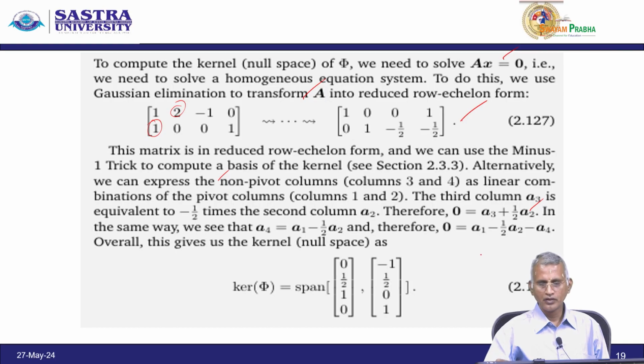Therefore, 0 equal to A1 minus half A2 minus A4. So, overall this gives the kernel or null space of phi. Therefore, ker phi equal to span of (0, 1/2, 1, 0) and (-1, 1/2, 0, 1). So, this way we can find the kernel of phi.